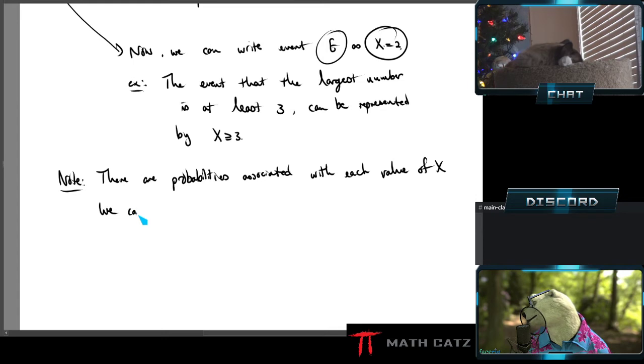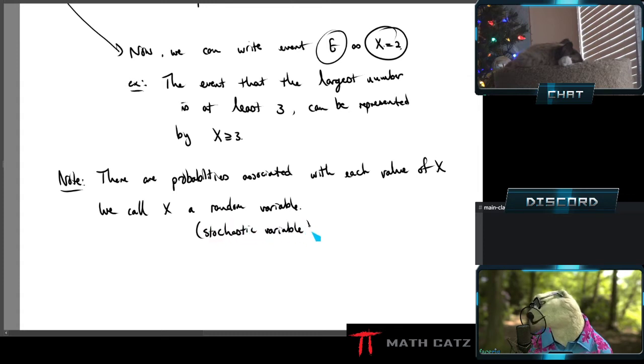So we call x a random variable. It's a very unfortunate name. It is not the original name. The original name is a stochastic variable. A stochastic process is one where I don't know the outcome. It could be one of a few, and there are probabilities associated with what could happen. Random gives it a bad image.